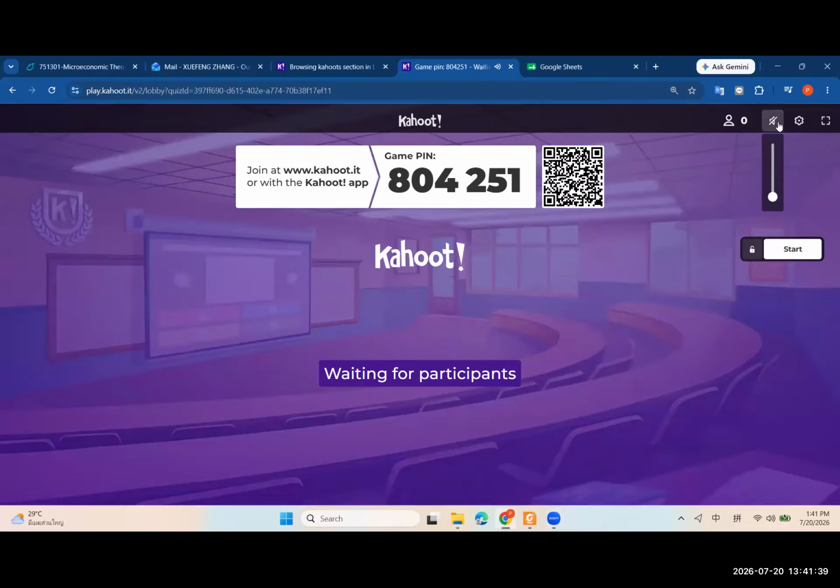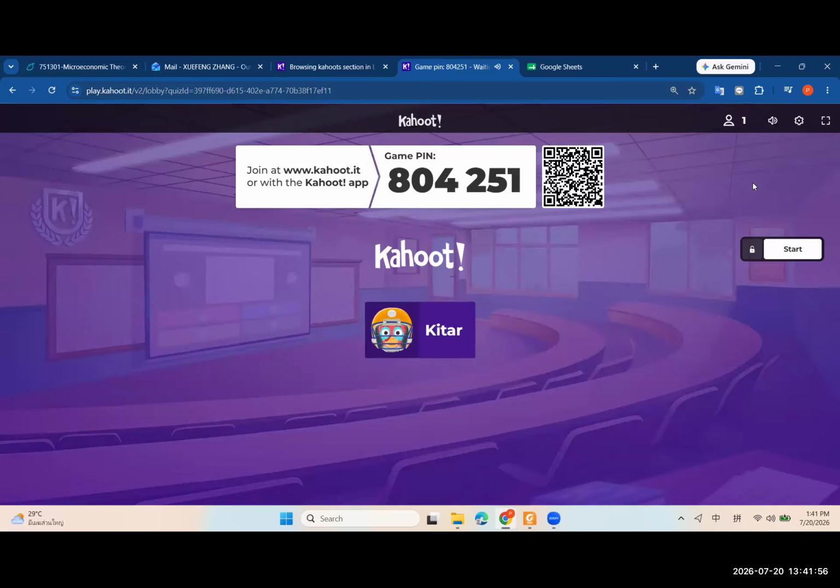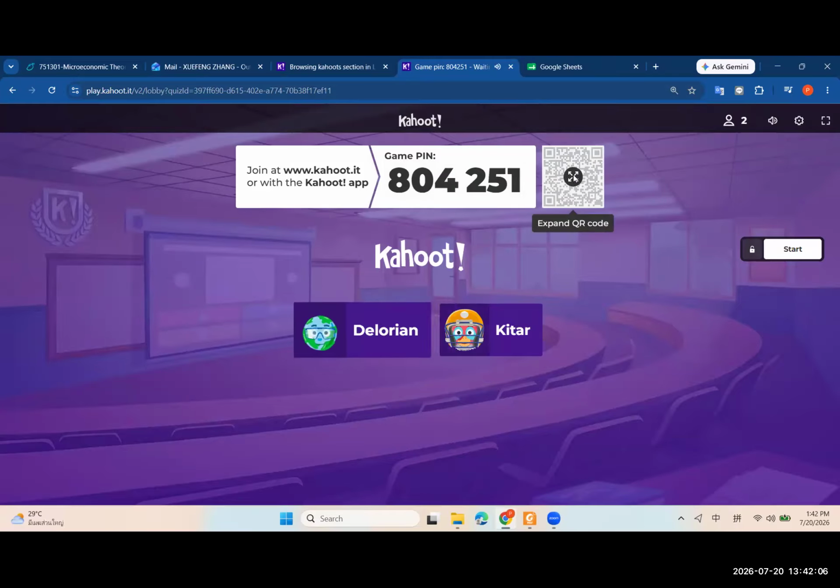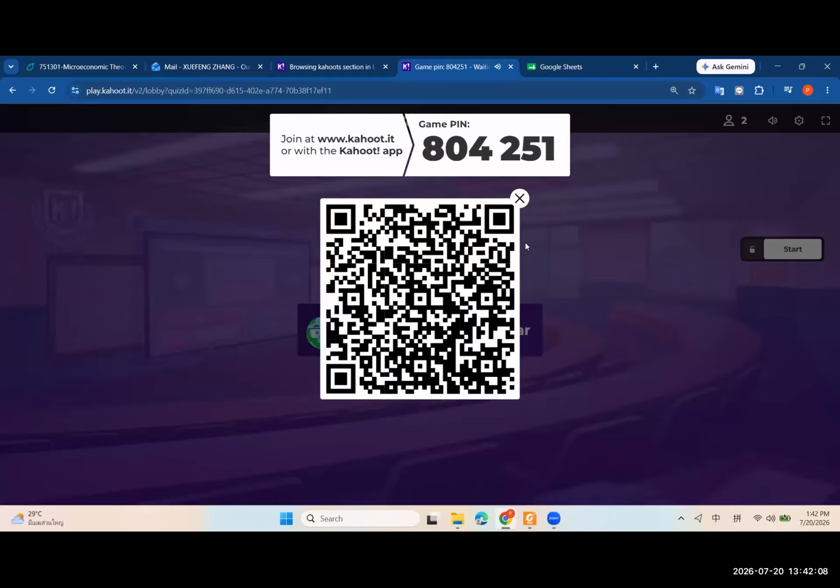Let me give you some music. Okay, later we will start. You can come closer to see the choice clearly, all right? Come closer. Come on, scan the QR code. All right?